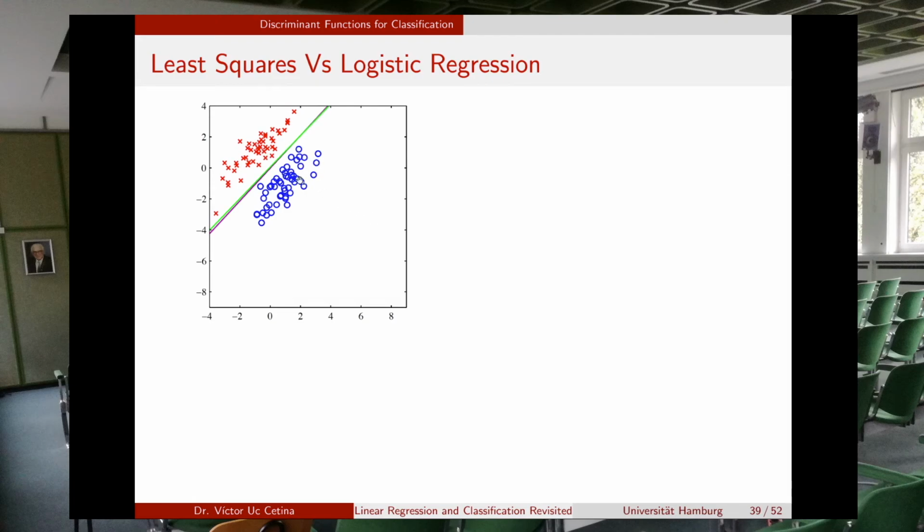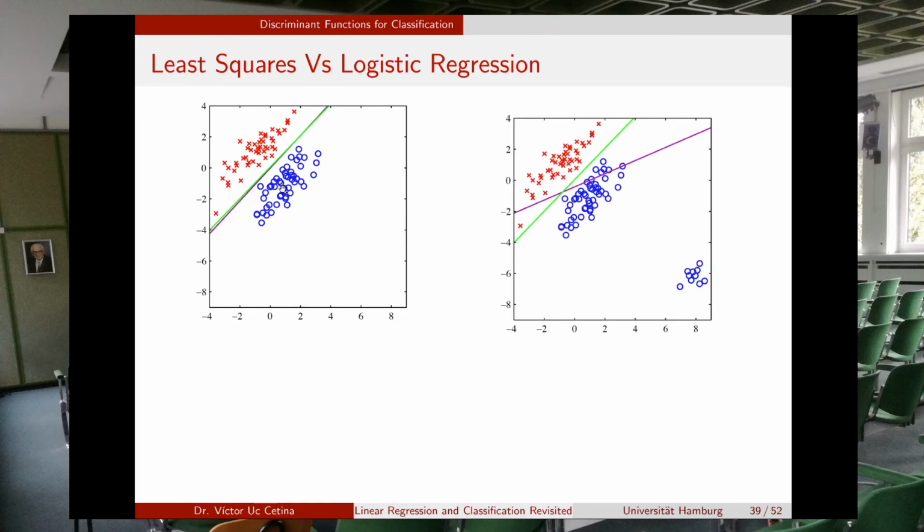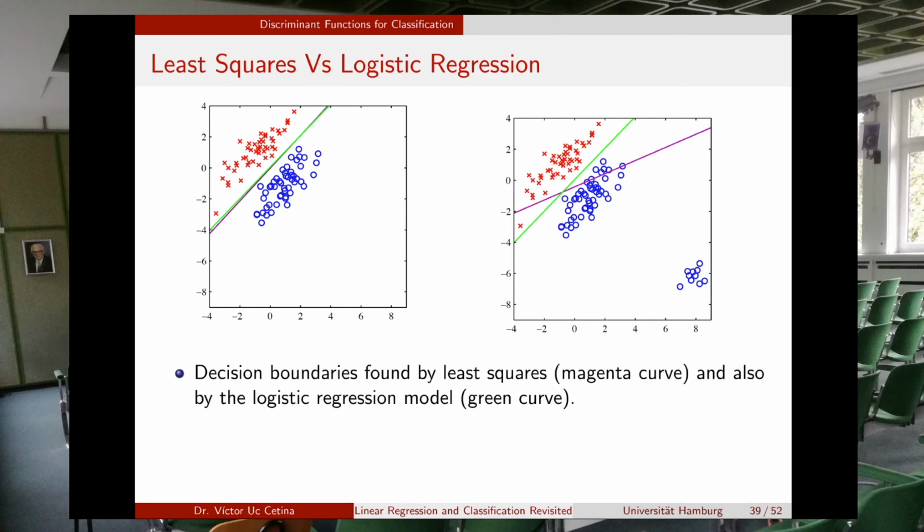If we were to classify this and you implement your linear regression algorithm, which in this case is the magenta curve, so you see the magenta curve, and the logistic regression is the one in green. So both results are good in a perfect binary classification problem.